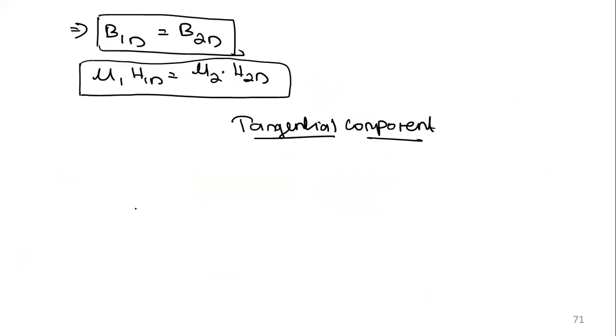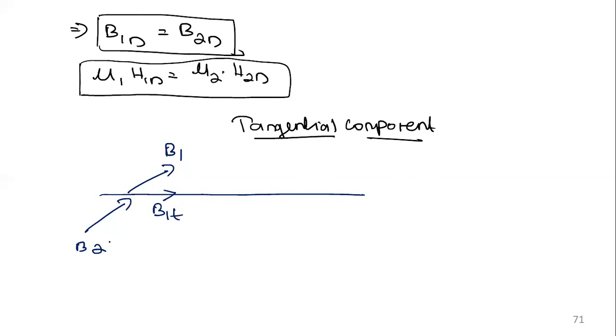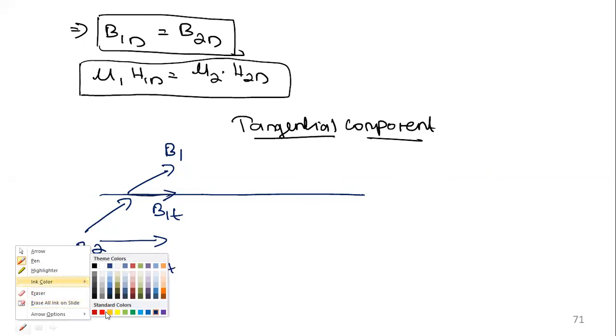Now I'll draw the figure again to make it more clear. This is B1, this is B2. If this is B1, then this will be B1 tangential and this will be B2 tangential. I'll use another color to make it more clear.